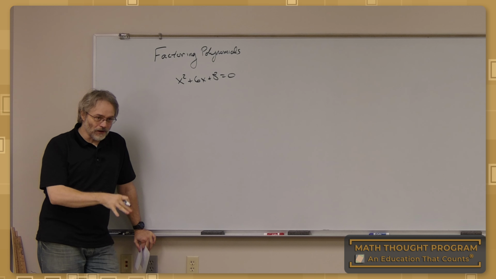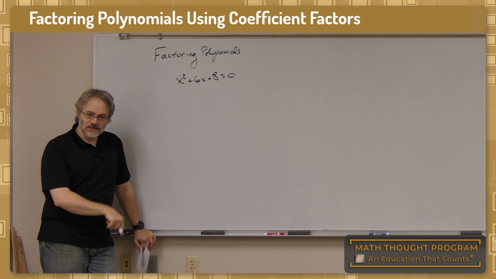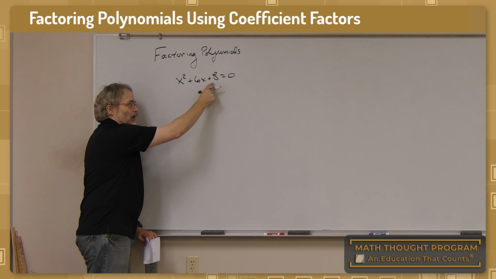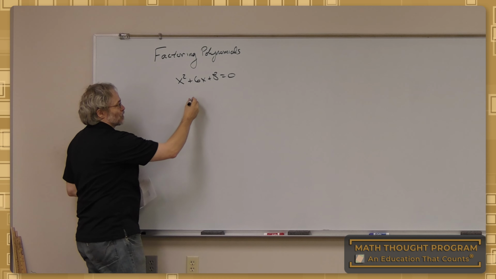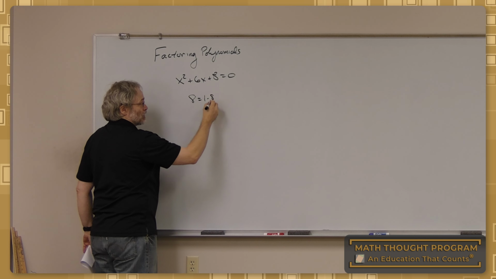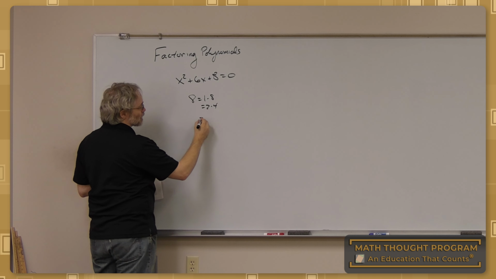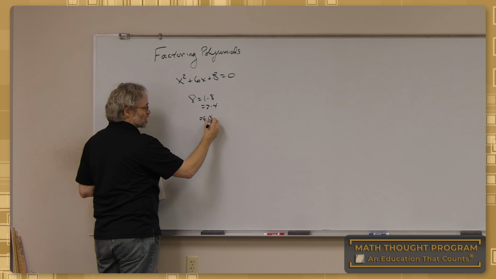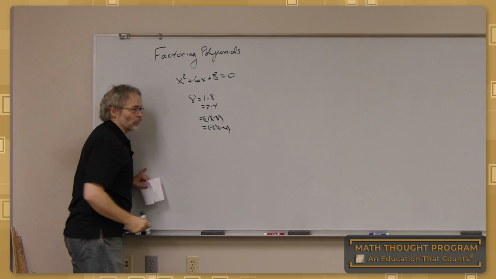So again, the way that I would proceed is I would look at the very last term, 8, and then I'll look at all the factors that would comprise 8, such as 1 and 8, 2 and 4. Also, the negatives, I might also want to consider them, such as -1 and -8, and -2 and -4.